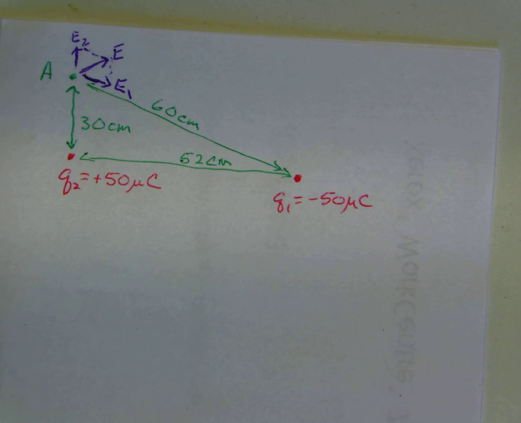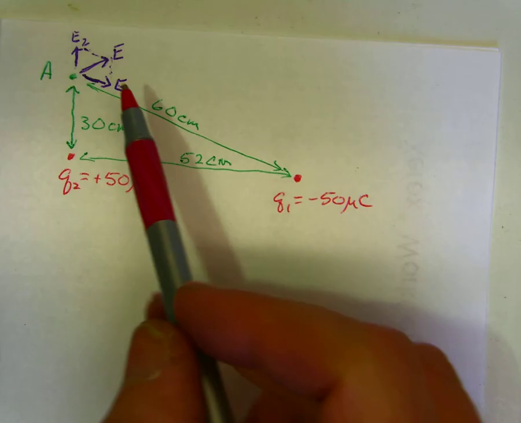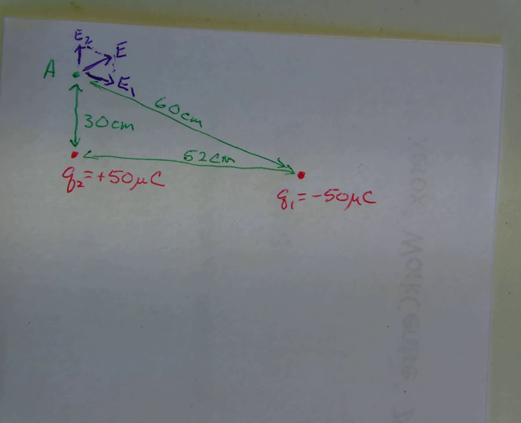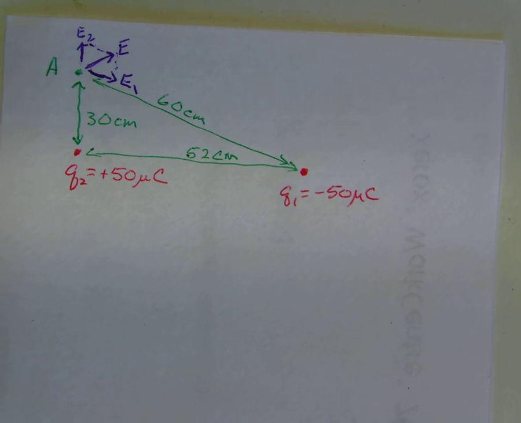Does an electric field have a direction? An electric field does have a direction. We just drew it, right? So if it's got a direction, it is a vector, which means we need to concern ourselves with which direction it's going. It has parts in the x direction and parts in the y direction.